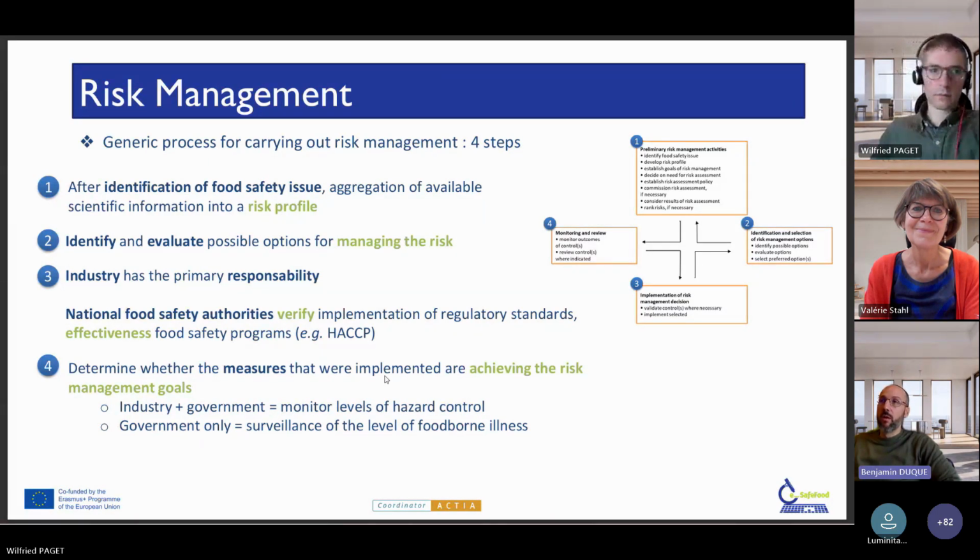For example, the risk management goal is to reduce the contamination of salmonella. In this process, I have a heat treatment. So one option will be to increase the temperature of the treatment, or maybe the duration, or other steps in the process.